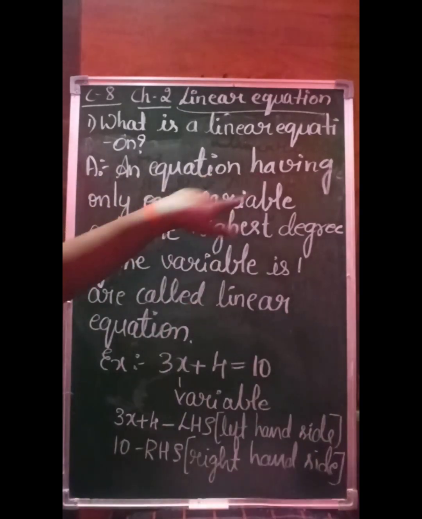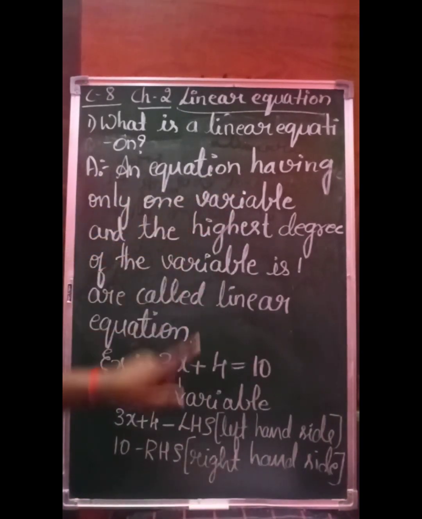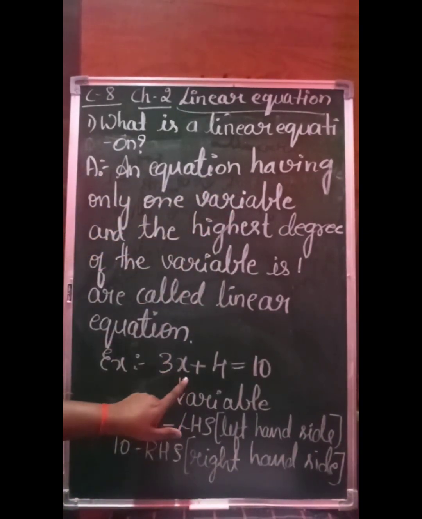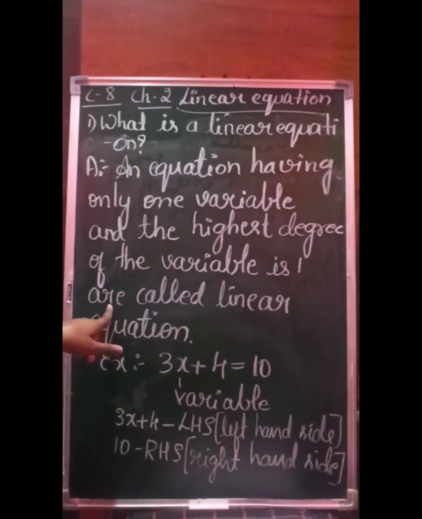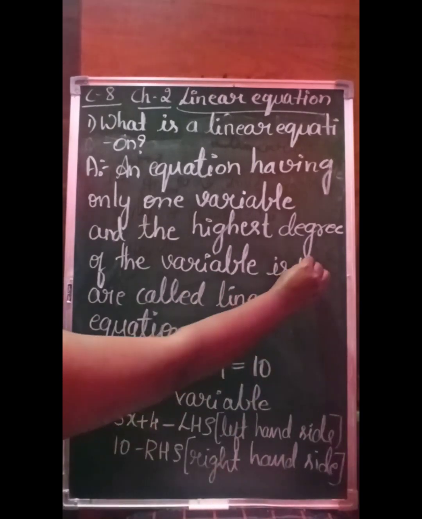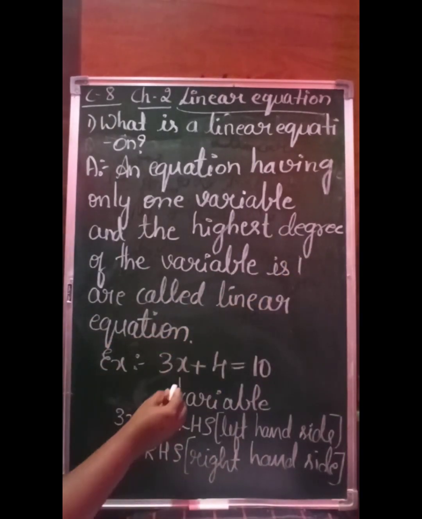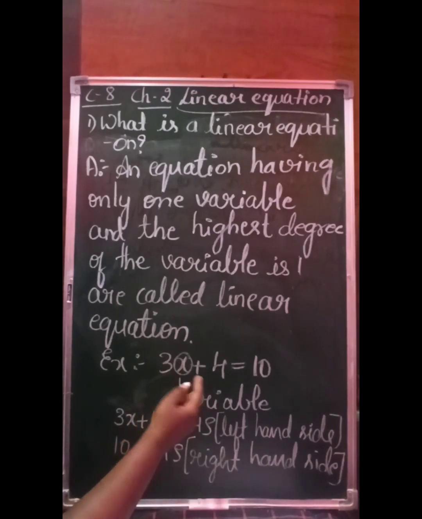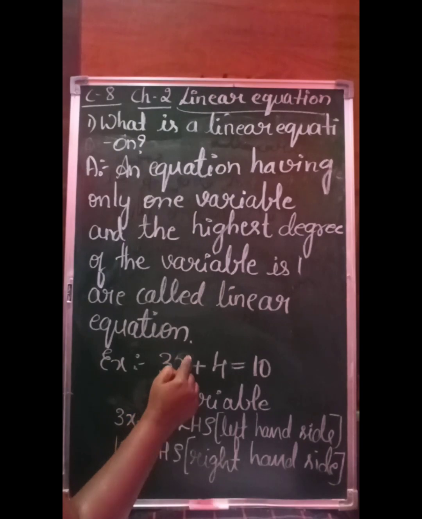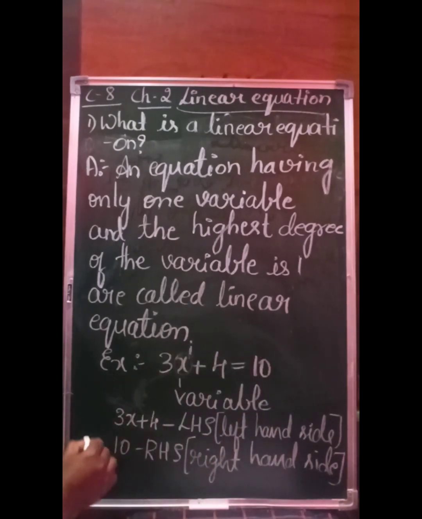It is an equation having only one variable. A variable is nothing but any alphabet, and the highest degree of the variable is 1. So if you consider any equation, in that we have a variable, and the power of the variable should be 1. Then this equation we call a linear equation.